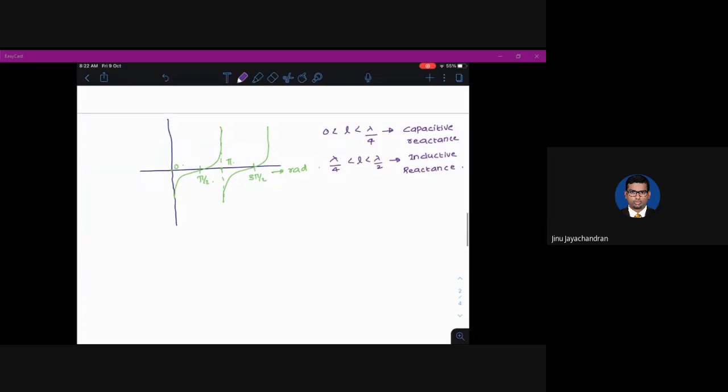And for beta L of 2n plus 1 into lambda by 4, this gives a series resonant circuit. And for 2n plus 1 into lambda by 2, this gives a parallel resonant circuit. Okay.